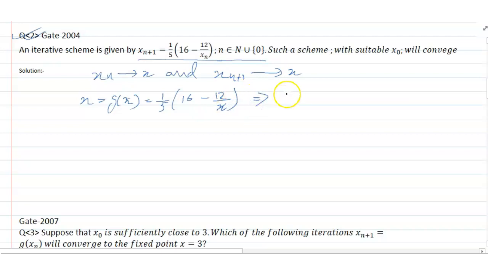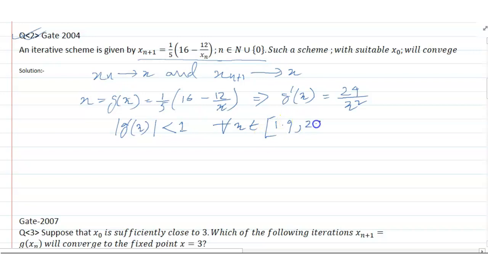And now let g dash x be equal to 24 divided by x square. Now according to the condition, the mod of g dash x is less than 1 for all x belonging to 1.9 to 2.1.